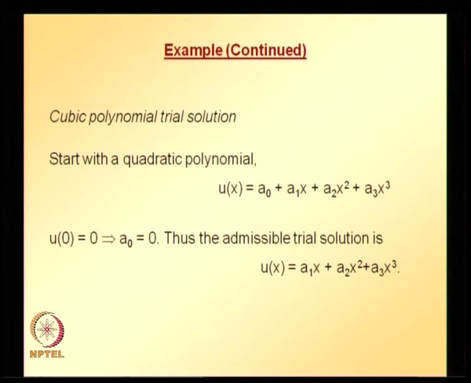a2 and a3. So what we will do is take this admissible trial solution and substitute it into the equivalent functional that we already obtained using the various steps involved in the variational procedure. The first step is to multiply the given differential equation with the variation of the quantity you are interested in, integrate over the problem domain, apply integration by parts to reduce the order of the highest derivative appearing in the expression, and apply the essential boundary condition, that is, wherever essential boundary conditions are prescribed, the variation of u is equal to 0.